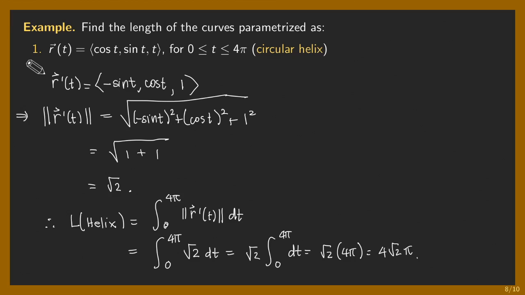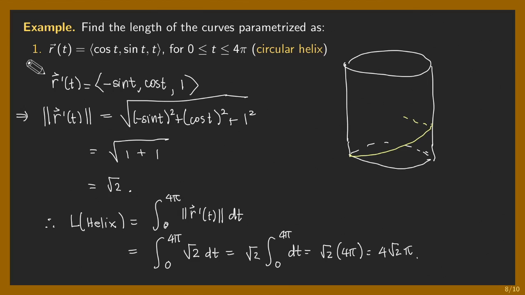Actually, in the case of the helix, we can calculate the length without doing an integral. If you consider the helix, you can consider this cylinder. This helix goes around the cylinder twice, right?